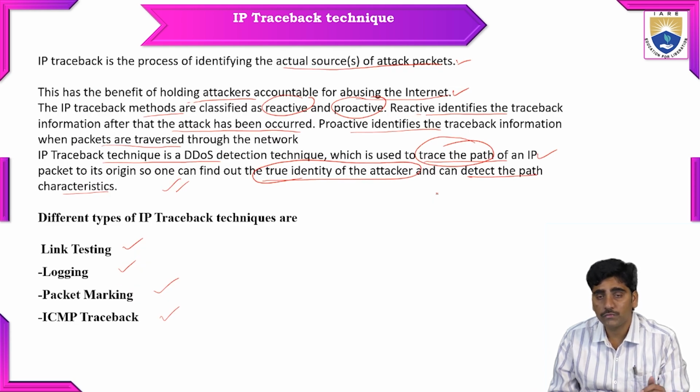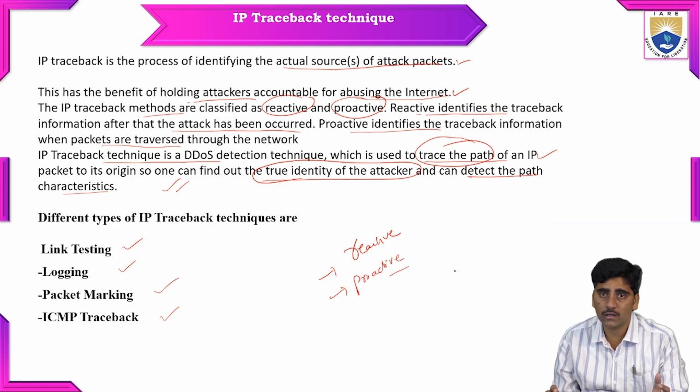And here are the different types of IP traceback techniques, and the techniques are classified based on two classifications. One is the reactive process, and the second one is the proactive process. The reactive process means that after the target system is attacked, we have to identify the traceback information.